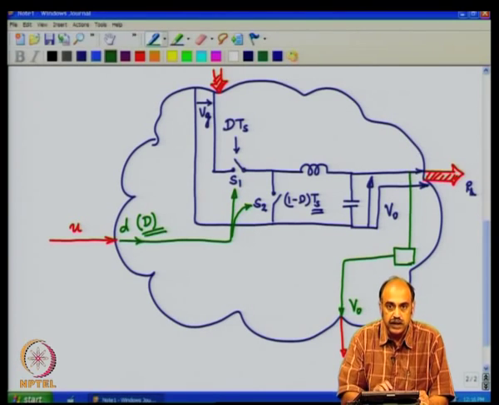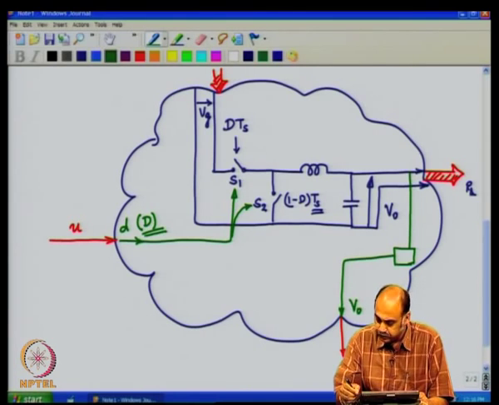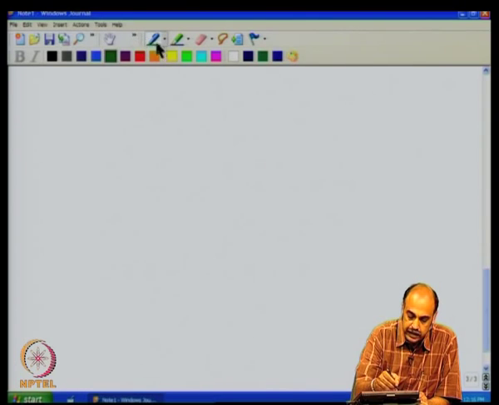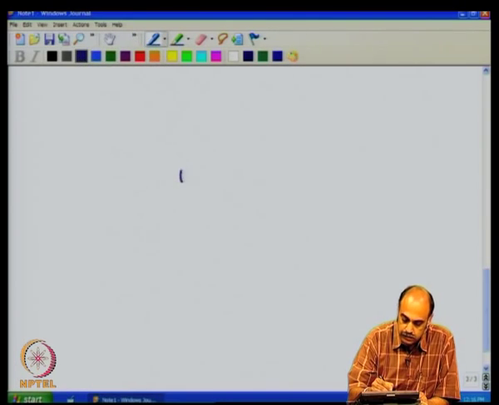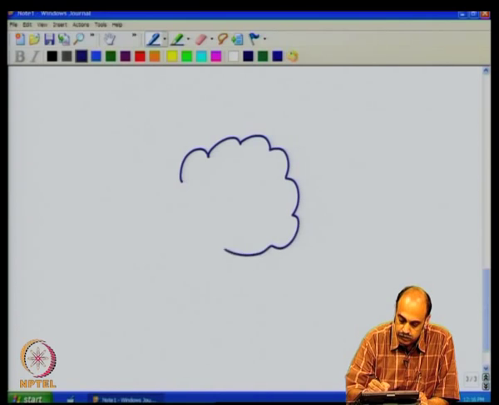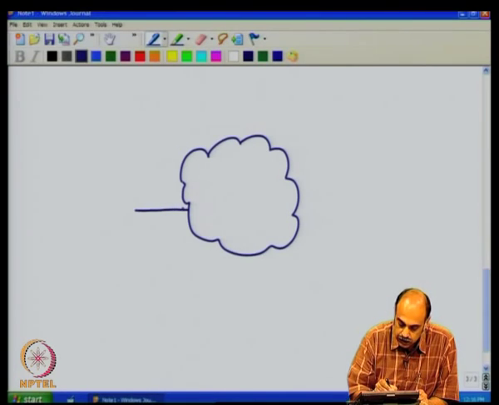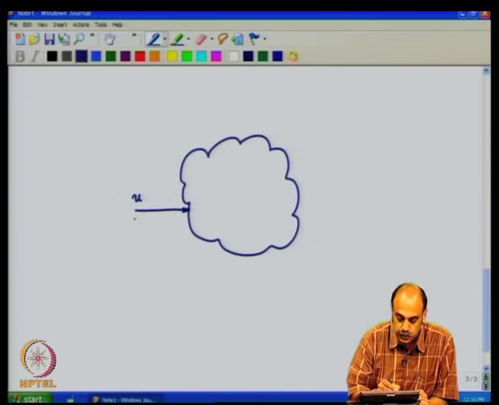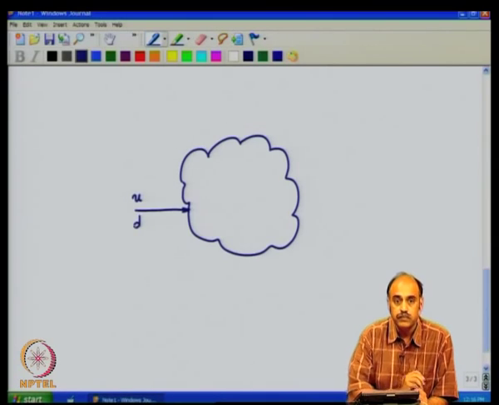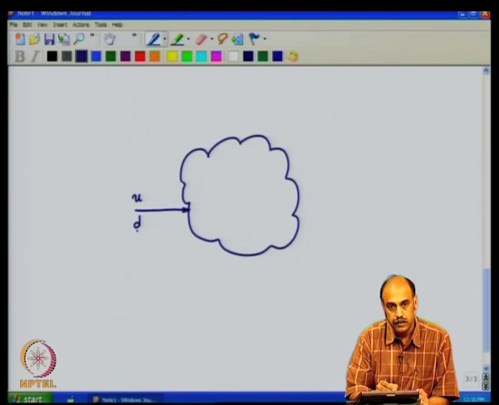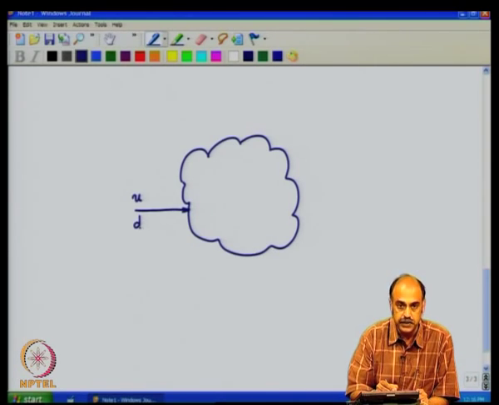So, you see, this buck converter is mapped into a control plant block diagram, by saying that the control input is u, which in this case is d. This lowercase d is used to represent both variations plus steady state.